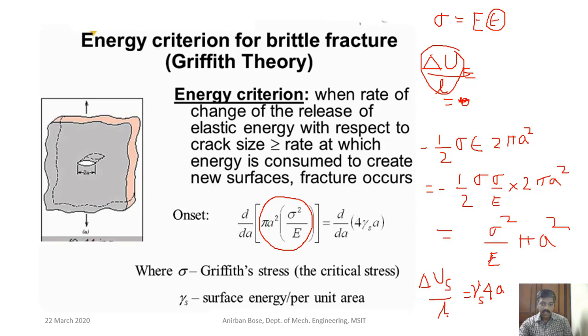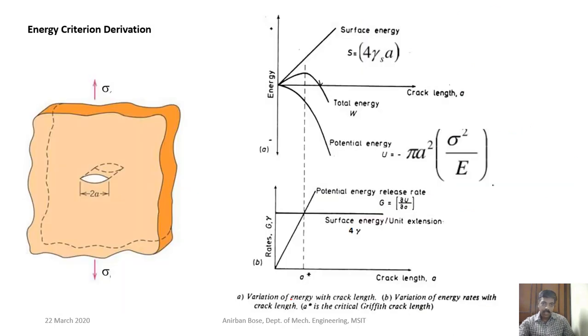So L we have taken on that side. Okay, and this will be positive, and this quantity will be negative. So the total change of energy is this plus this, and the criteria is ultimately that it will be stable if the change is, that means if you draw this thing, what you will find is this.